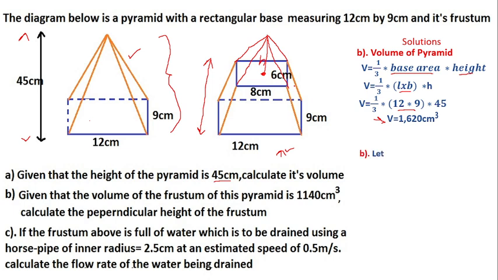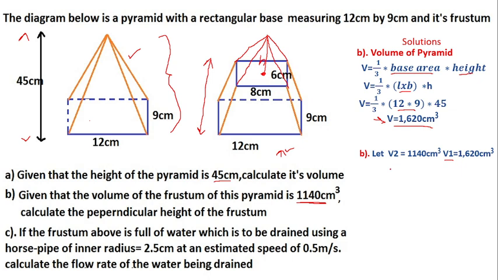So we are going to let V2 be the volume of this frustum that we have been given. That is 1440 centimeters cubed, the volume of this frustum without the top part, right? And let V1 be the volume of the entire pyramid, which we have calculated.